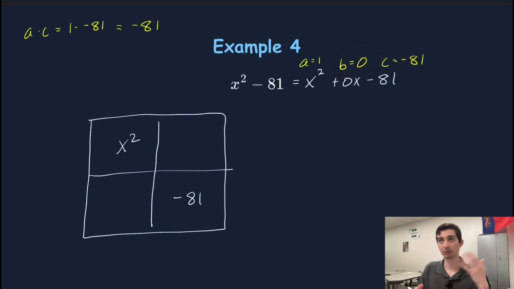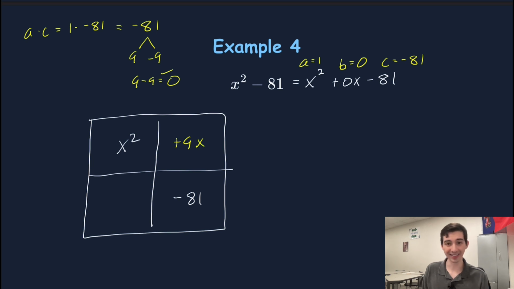So I'm thinking, the same number minus each other is going to get us that 0. And luckily 81 is a perfect square, we can separate that into 9 times 9. And if we make one of these negative, 9 minus 9 does indeed get us 0. So my two key numbers are positive 9 and negative 9.